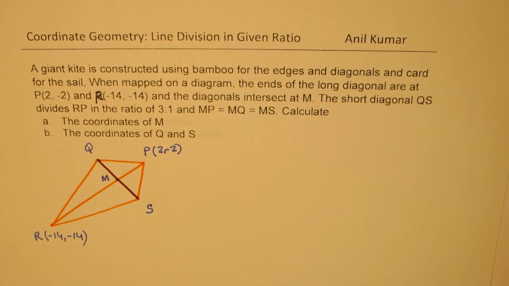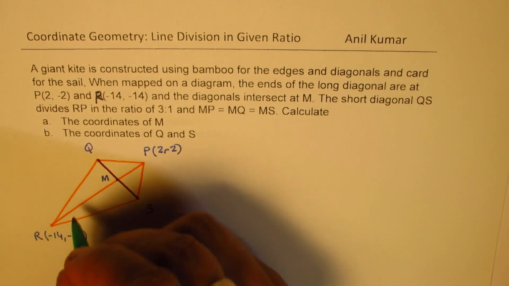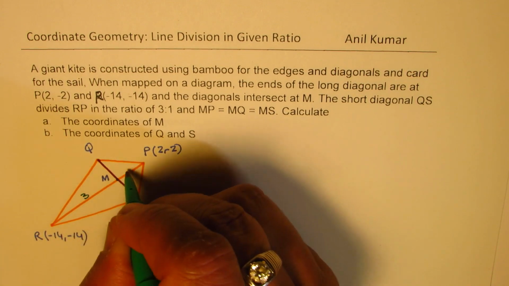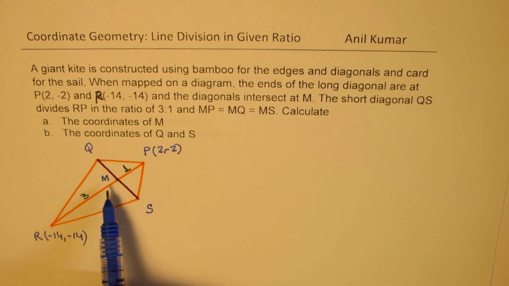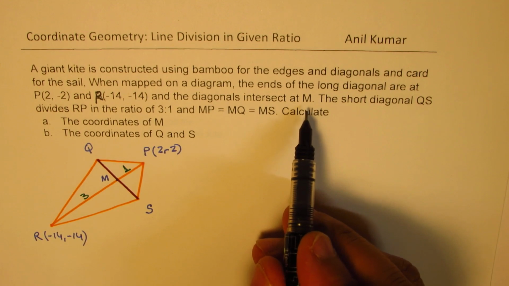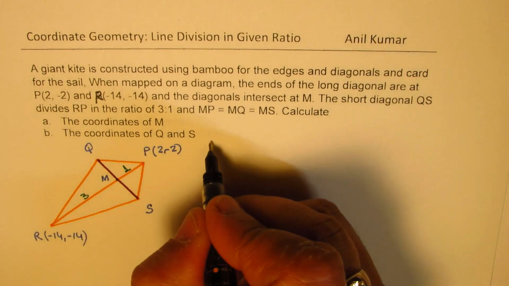Now what we are given here is that the ratio in which M divides is 3:1. So this is 3 and that is 1. That is what we are given. Now what should be the coordinates of M? That is what we need to find, right? First thing is we need to find the coordinates of M. So we are using the section formula.